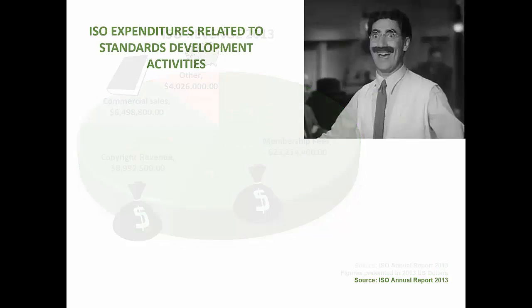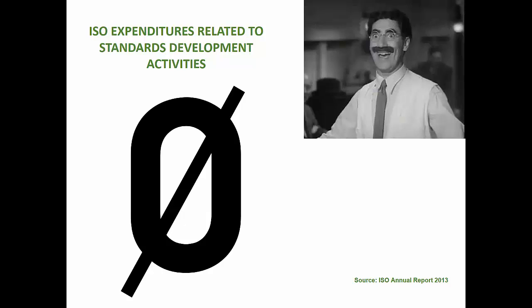How much does ISO spend related to standards development activities? Zero. $0 go back into actual standards development activities. ISO puts nothing into the activities related to standards development. Again, that's because it is not a standards development body.